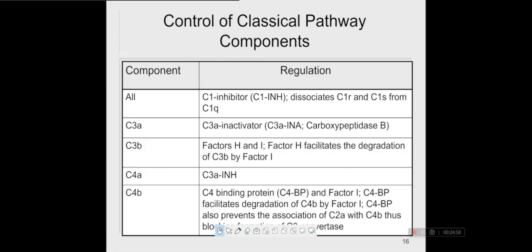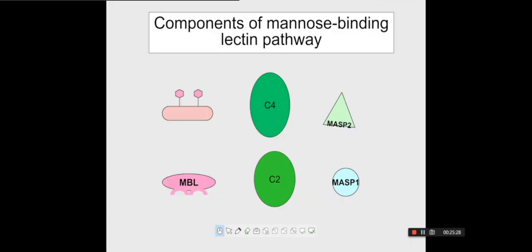C3b is regulated by factor H and I. C4a is regulated by C3a inhibitor, and C4b is regulated by C4 binding protein.